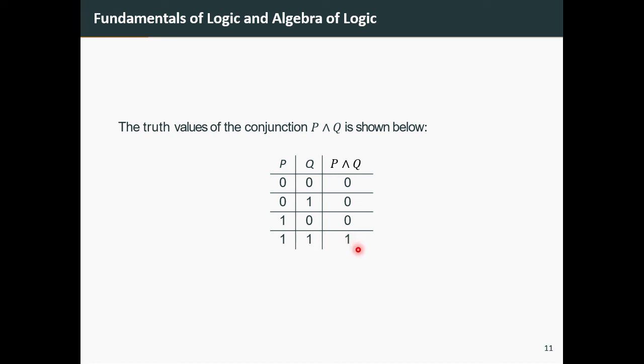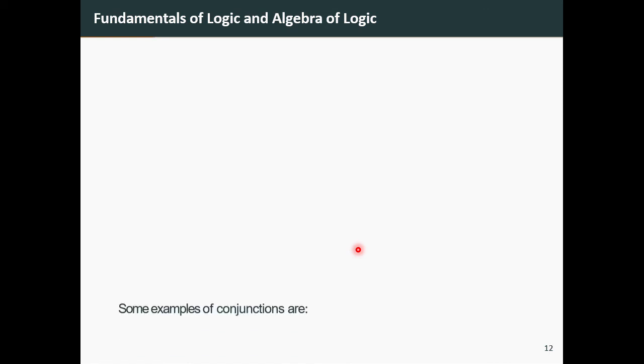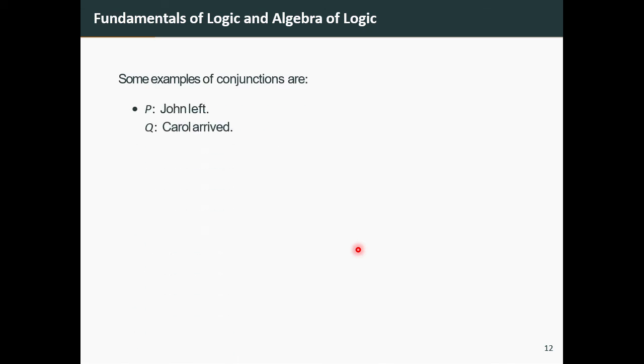Now let's discuss how to state conjunctions of two propositions. For our first example, let's try this one. P is the proposition John left, and Q is the proposition Carol arrived. So the conjunction will be John left and Carol arrived.